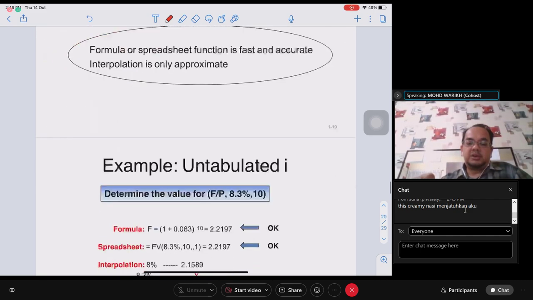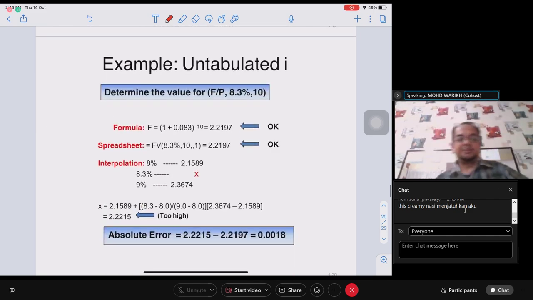Right. So we give you the example here. Determine the value for F over P, 8%, 10.